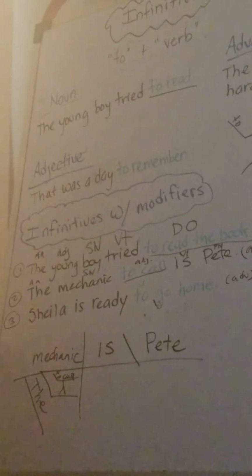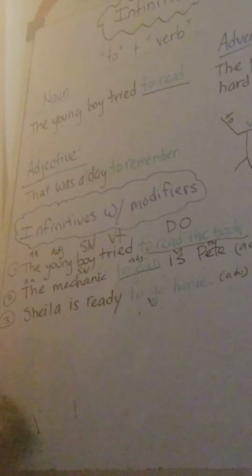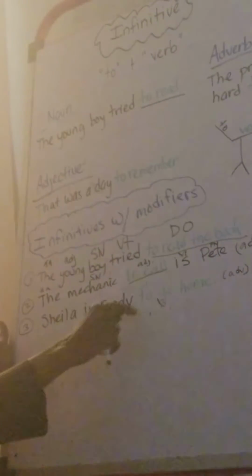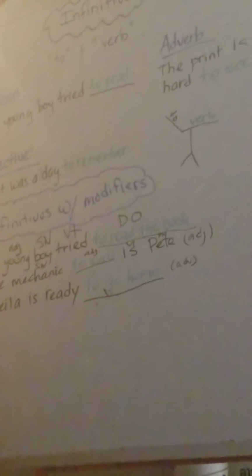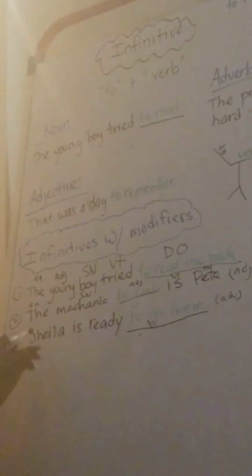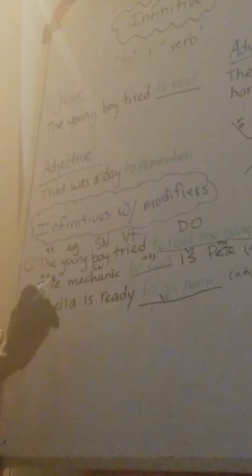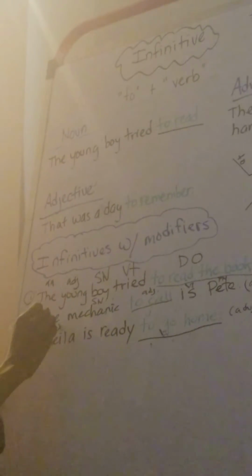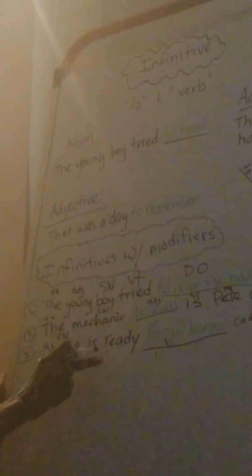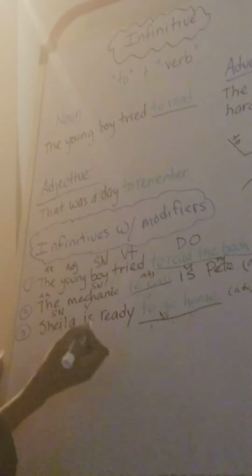So last one, let's see how it's diagrammed as an adverb. Sheila is ready to go home. So here we have another infinitive phrase. And if we were to question confirm, who or what is Sheila? Sheila will be our subject noun. What's being said about Sheila is would be our verb.